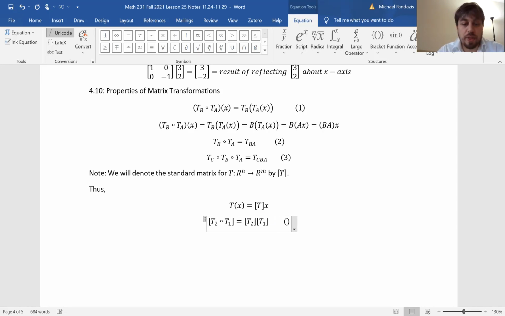Okay, and so this is equation 4, and this is 2 restated. Equation 2 is just another way of writing it.